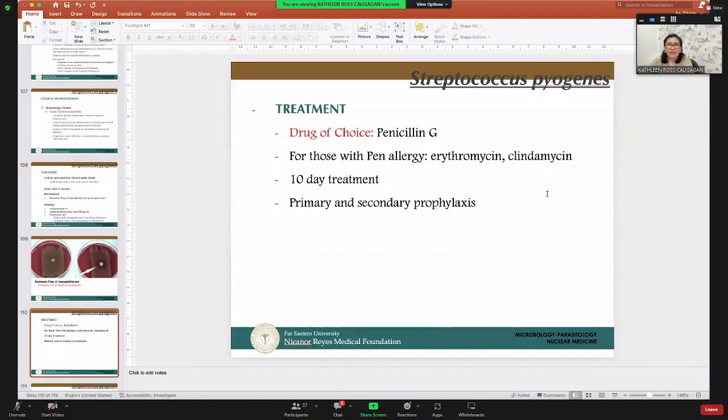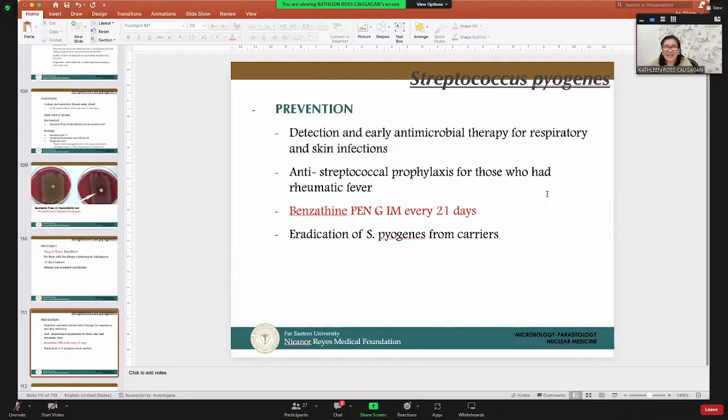Drug of choice is penicillin G. For those with penicillin allergy, you may give erythromycin or clindamycin for 10 days. Primary and secondary prophylaxis is penicillin G IM every 21 days as streptococcal prophylaxis.